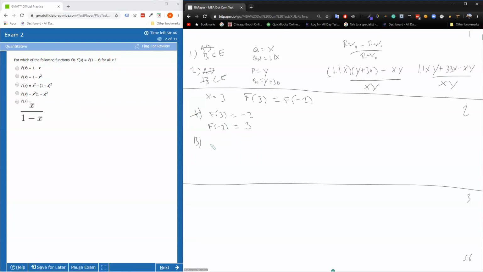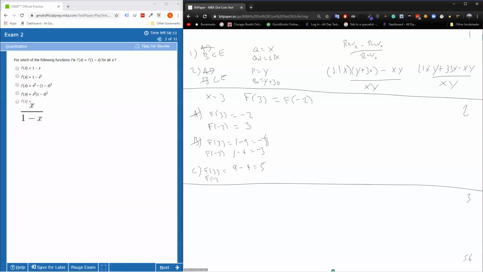In this case, for B, f of 3 is equal to 1 minus 9, which is negative 8. F of negative 2 is equal to 1 minus 4, which is negative 3. They're not equal. Eliminate B. For C, f of 3 is equal to 9 minus 4, which is equal to 5.